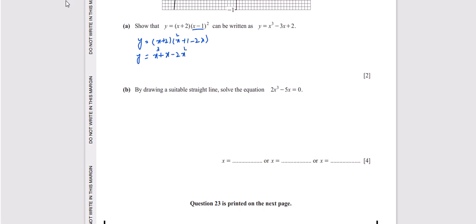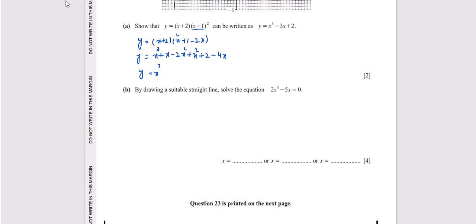And 2 multiplied with x² is 2x², 2 multiplied with 1 is 2, and 2 multiplied with −2x is −4x.